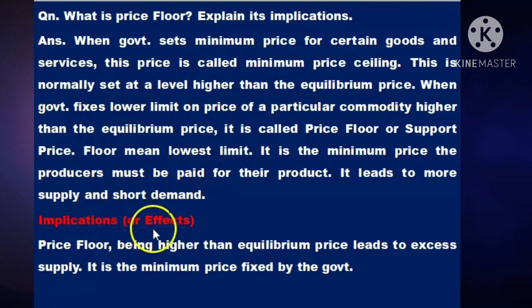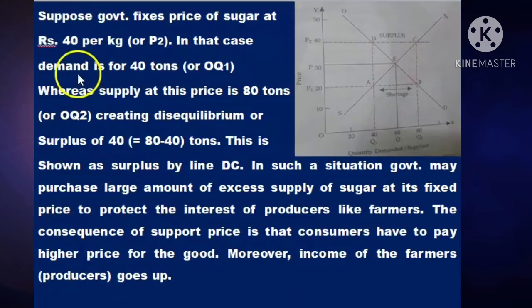So the implication or effect: a price floor higher than the equilibrium price leads to excess supply. It is the minimum price fixed by the government. With the help of the previous graph, we can explain this.